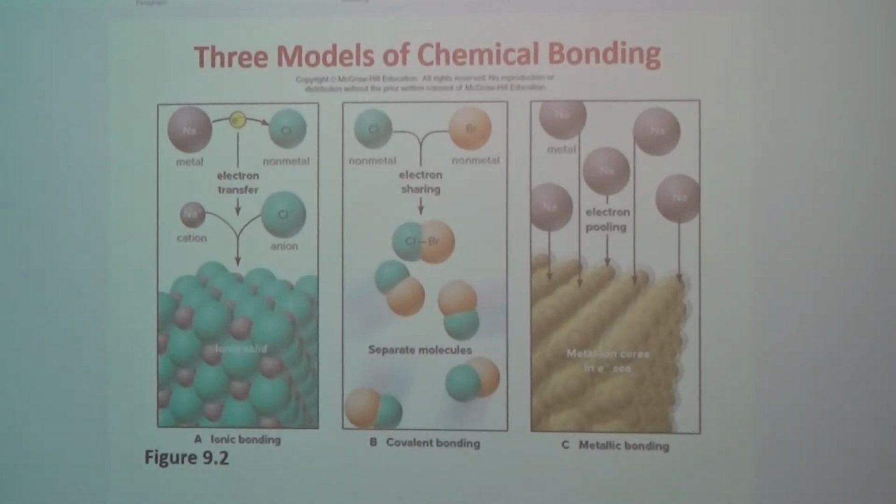You have a lot of mobile electrons in there. So an electron that's in this sample of sodium doesn't really belong to any individual atom. That becomes really difficult to build a model for, and that's one of the reasons that we're not going to spend much time on it. These two we can build models for and try and understand in terms of the kinds of atoms that we have.